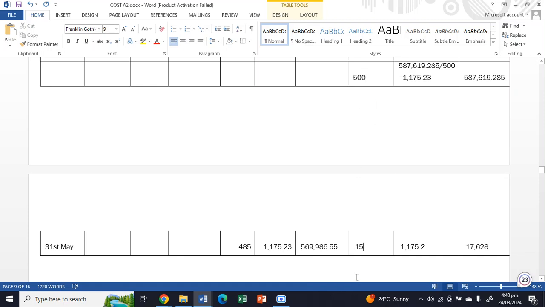So we've sold 485 goods. We've remained with 15 goods valued at 1,175.23. So our closing inventory, 15 times 1,175.23, you get 17,628.45. This is the closing inventory.